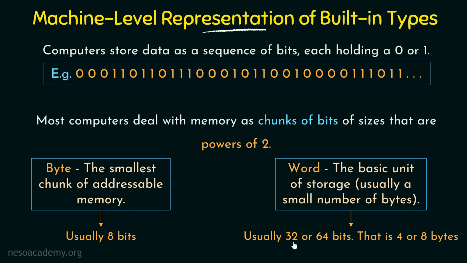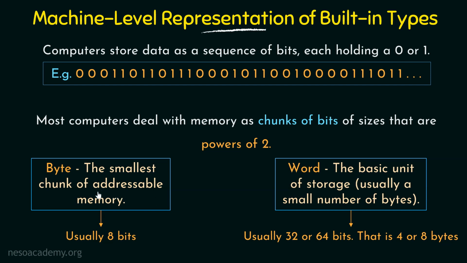Now 32 bits can be written as 4 bytes because 8 bits equal 1 byte, and similarly 64 bits can be written as 8 bytes. Here also we see that they are powers of 2. 2 power 5 is 32 and 2 power 6 is 64. So these are examples of two basic ways in which we can represent our data: bytes and words.